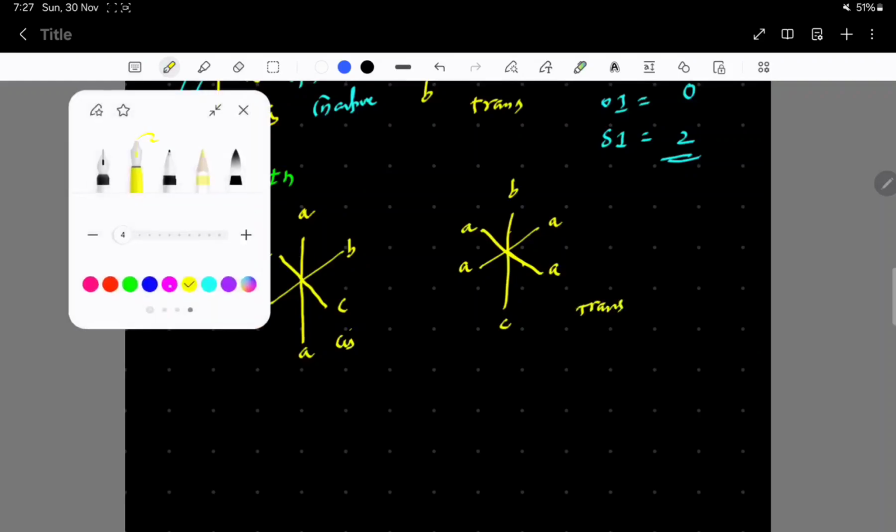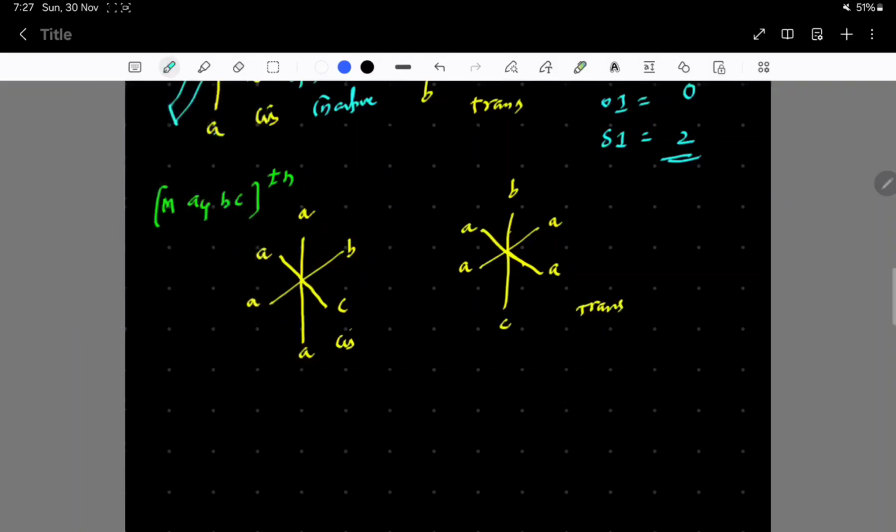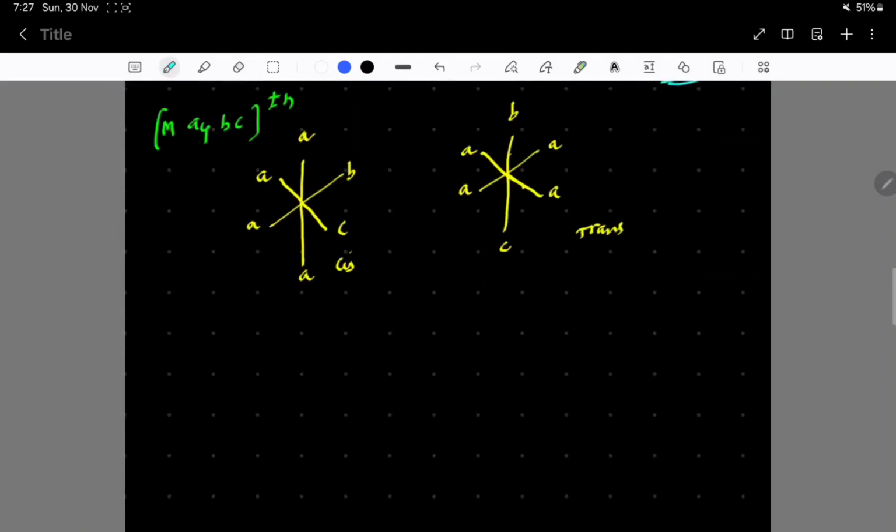Now from this, student, any plane of symmetry is present, we will cross verify. Now look at it, student, so the similar ligands are opposite to each other, trans to each other. Obviously this A to A trans, student, then automatically it is optically inactive, that means a plane of symmetry is present. Okay, now similarly, student, if I use the mirror here, then it is also a mirror image to each other, so here also a plane of symmetry is present, right?